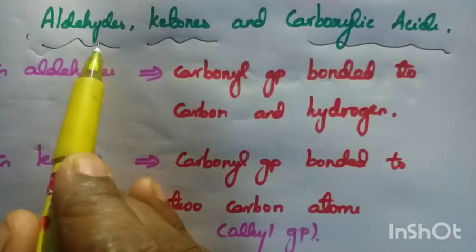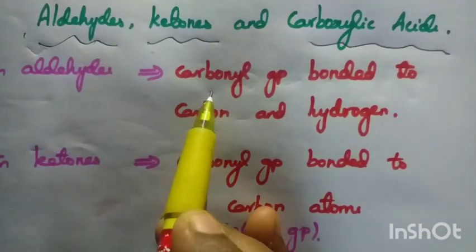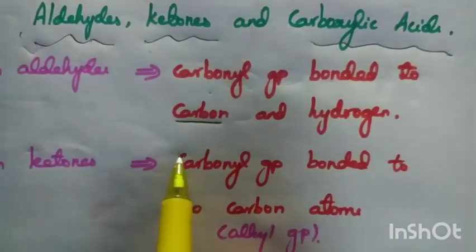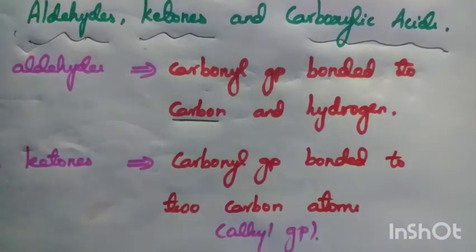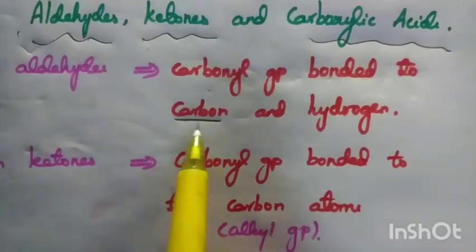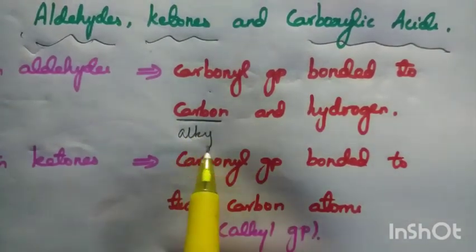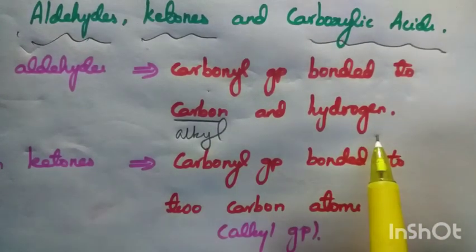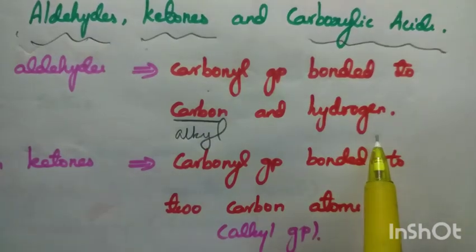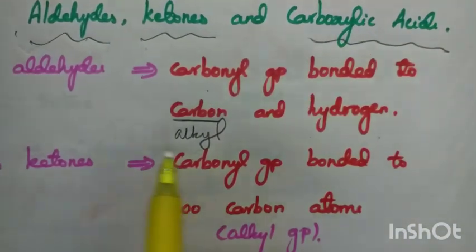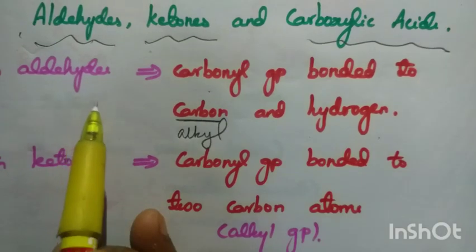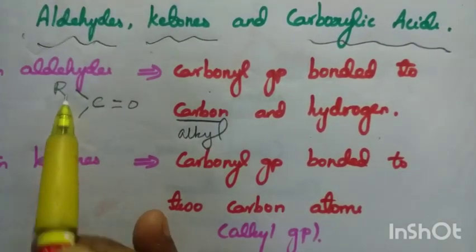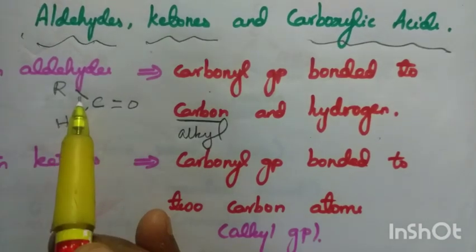Aldehyde, what is aldehyde? A carbonyl group is bonded to carbon and hydrogen. Carbon means alkyl. So the carbonyl group is nothing but C double bond O, with R and H. R is the alkyl group.